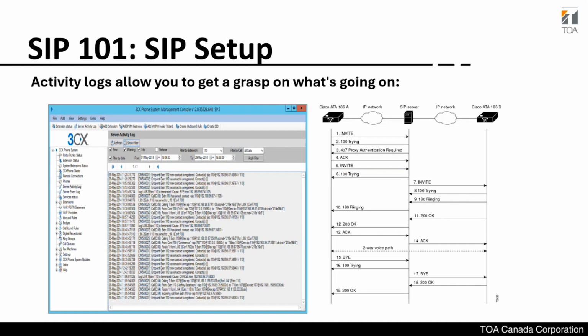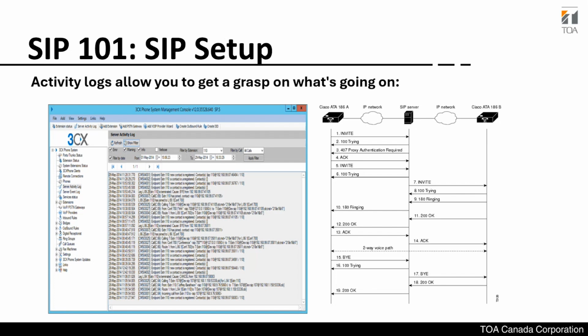So this activity log on the left represents what is going on on the right. In this case, we have two endpoints, Cisco 8881 and 86, connected via IP network to the SIP server. Once you want to establish a connection, one of the endpoints sends an invite request to the SIP server.